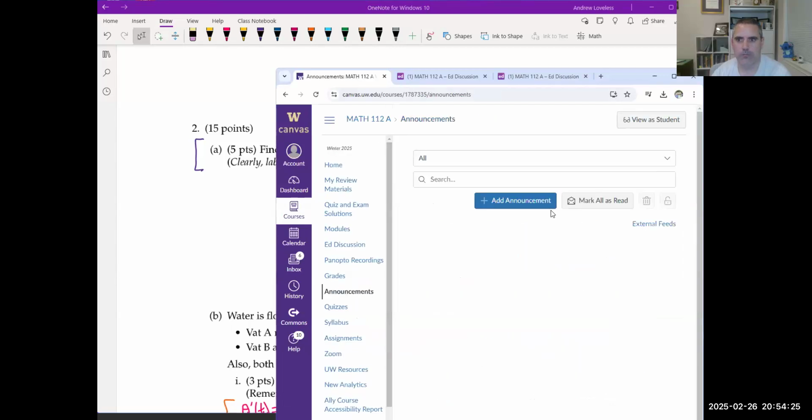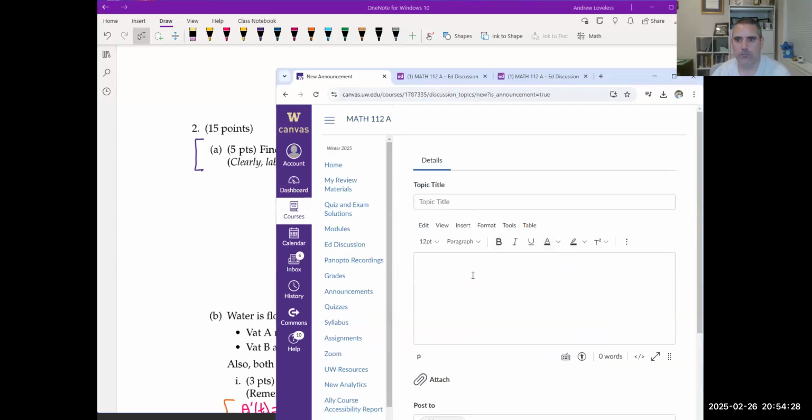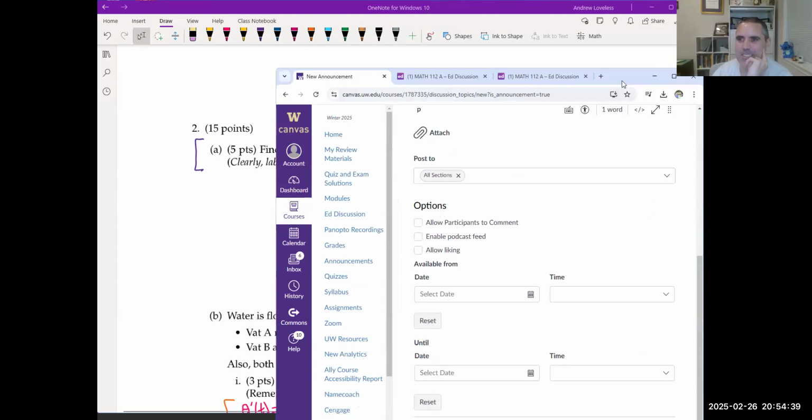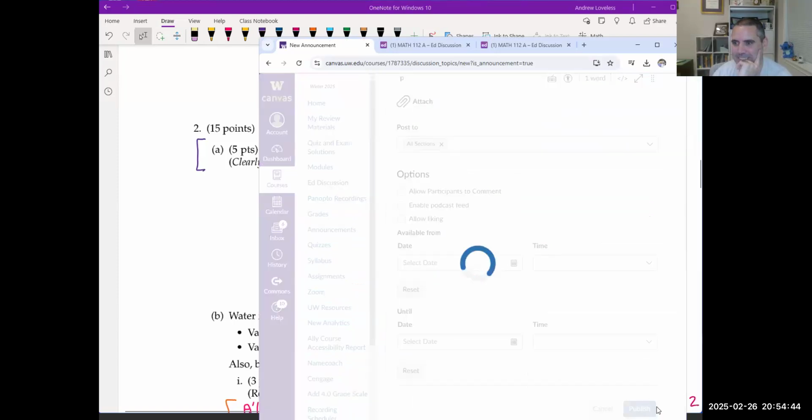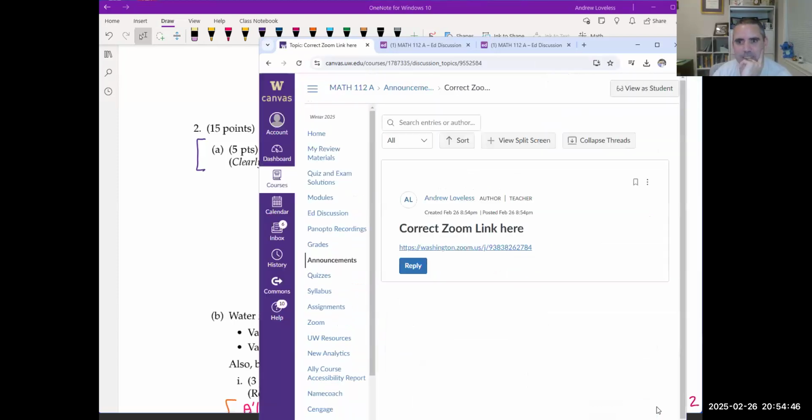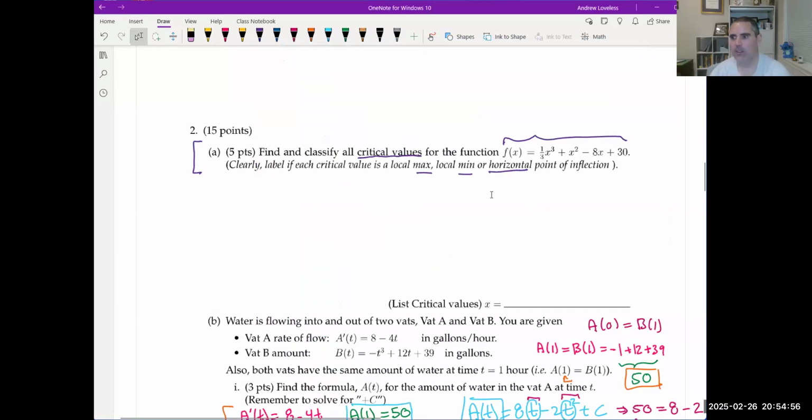Darn it, darn it. 8, 4. Correct. Zoom link here. I want to get us going, so great. I think that's the one we're on now, 8, 4. So hopefully that gets us a few more here. I feel like maybe I should restart the Zoom link.